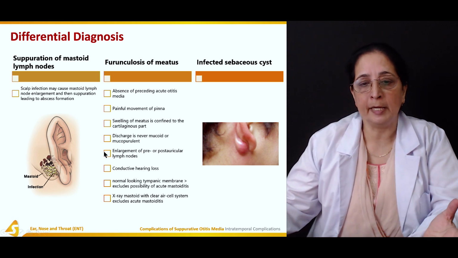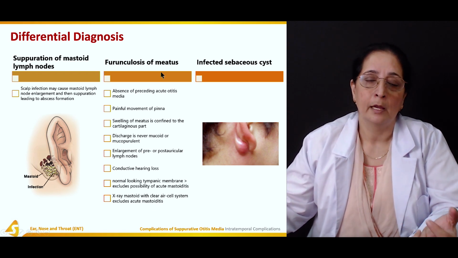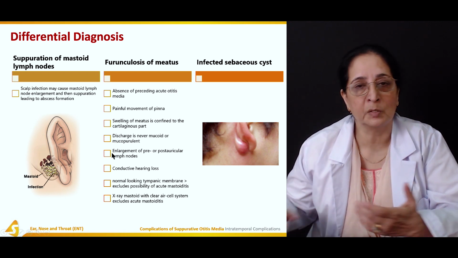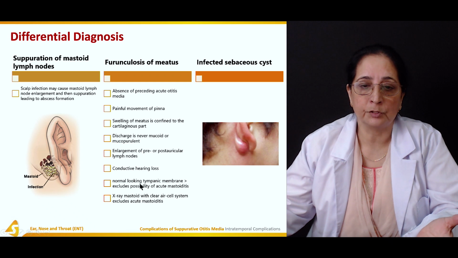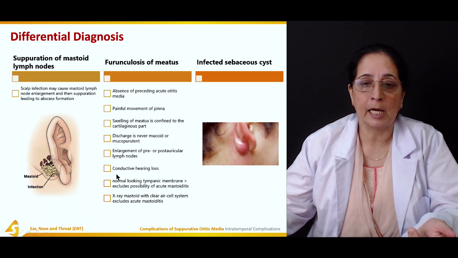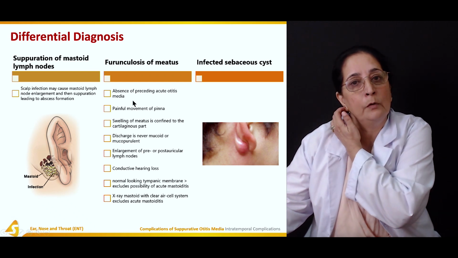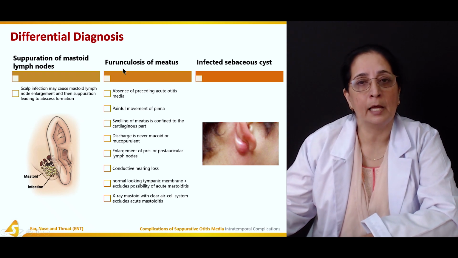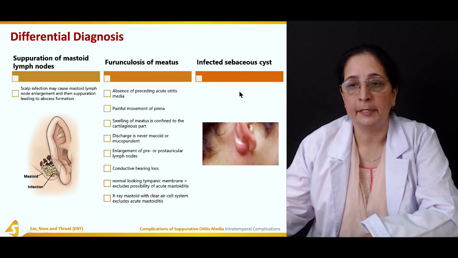And we have many differentiating points to distinguish furunculosis from complications of suppurative otitis media, or more specifically mastoiditis. There will be a clear X-ray of mastoid air cells. There won't be a previous history of acute otitis media. There will be conductive hearing loss. There will be painful movement of the pinna. So all these are the differential diagnosis of suppurative otitis media and its complications.